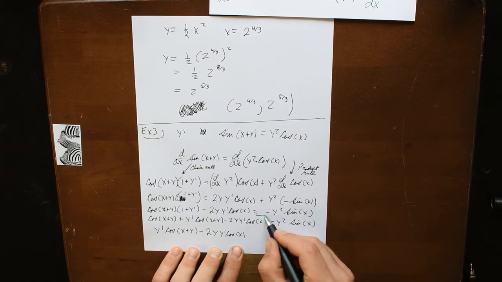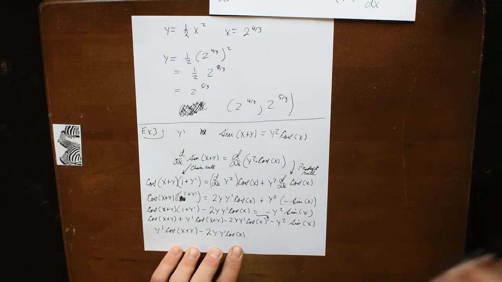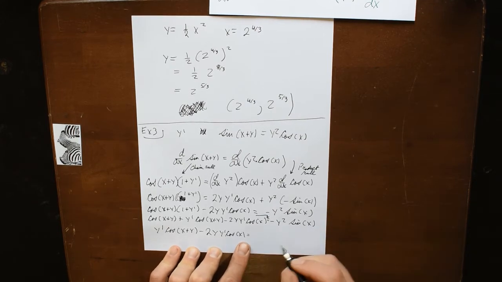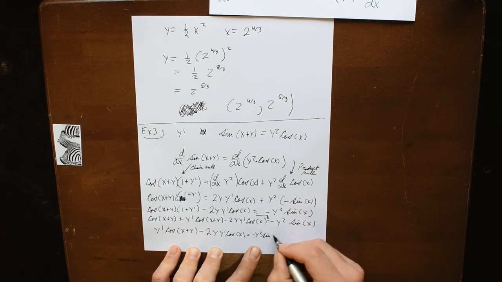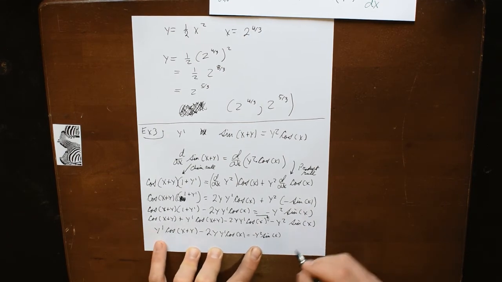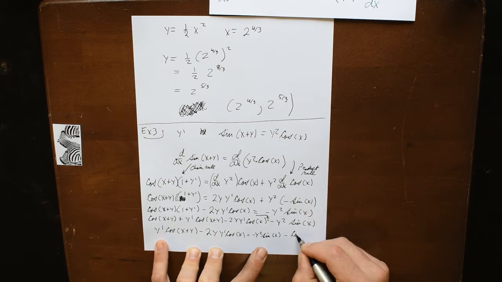I just forgot to copy that down. So this is going to be equal to negative y squared times the sine of x minus the cosine of x plus y.